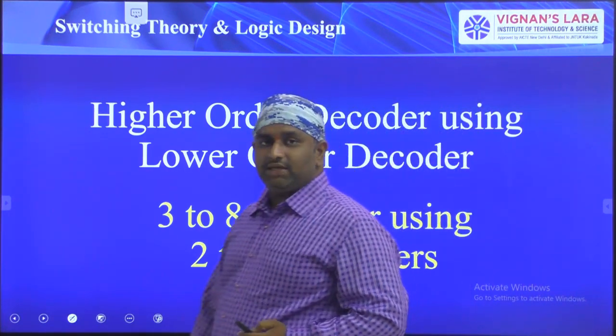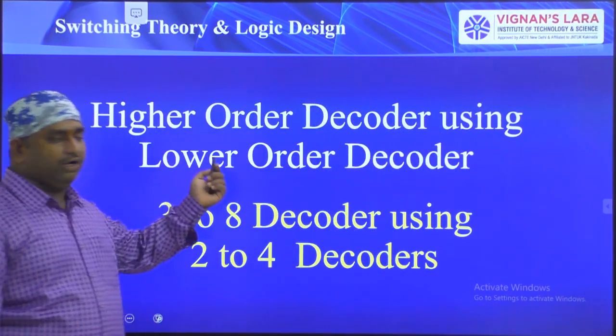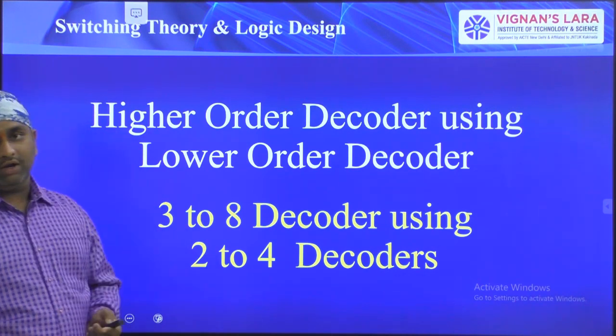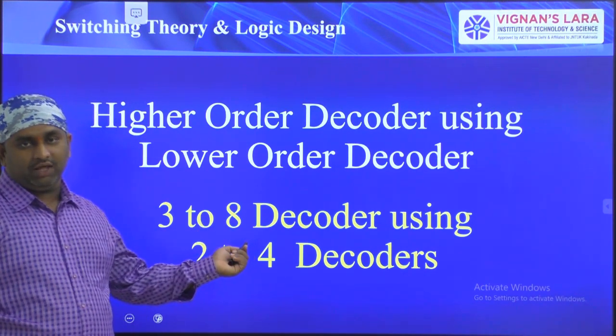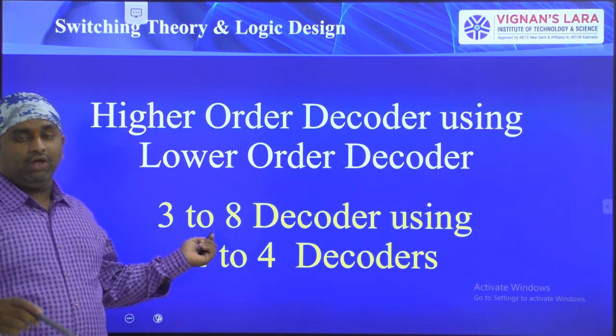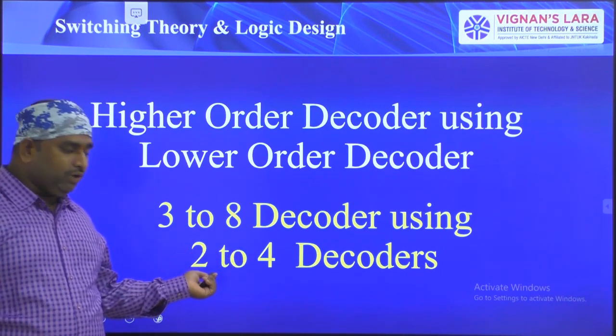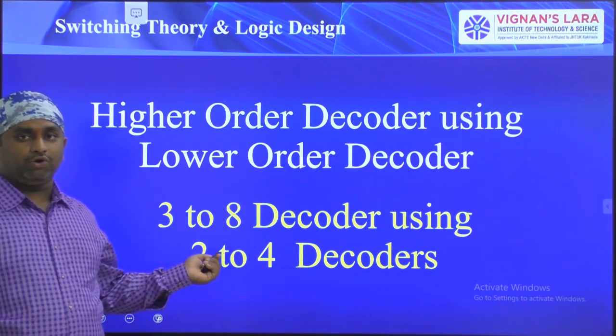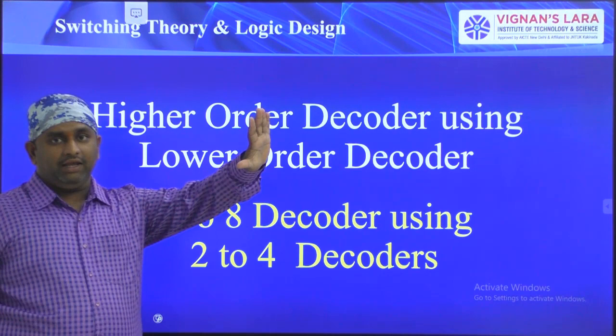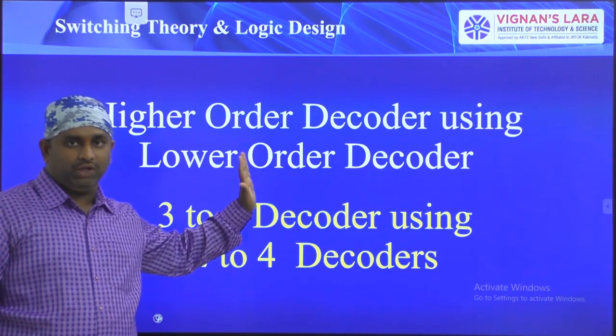In the next class, we will see higher order decoders using lower order decoders. That means just now we discussed the 3 to 8 decoder. Then, without using any AND gates, by using 2 to 4 decoders, how to implement the 3 to 8 decoder operation. Finally, in total we have to give 3 inputs and take 8 outputs.